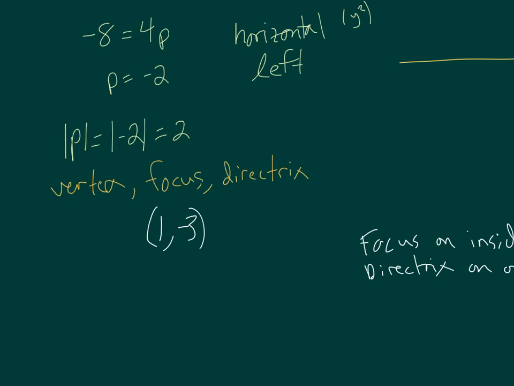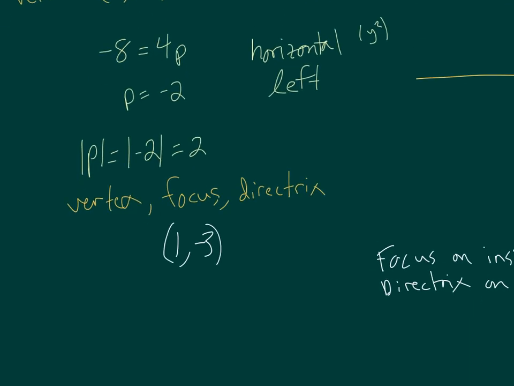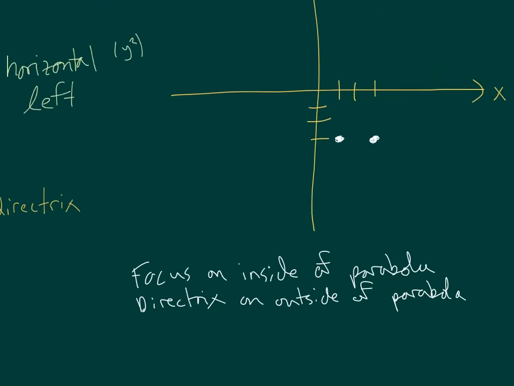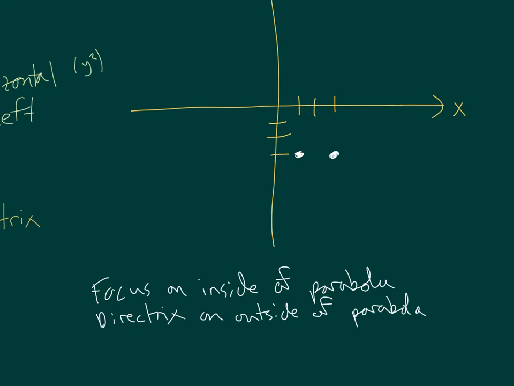My vertex was 3, negative 3. Now we can find my directrix. Let's go to the right instead, 2 spaces, and that's going to go through this point right here. I can draw my dashed vertical line, and this is my directrix.